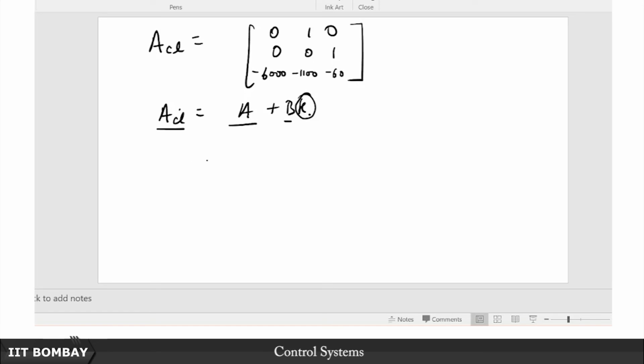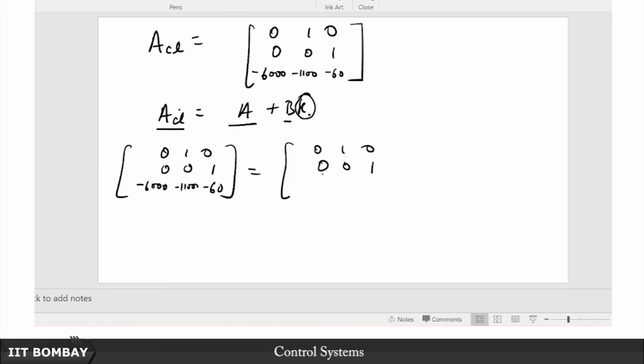So you see, I have 0, 1, 0, 0, 0, 1, minus 6000, minus 1100, minus 60 is equal to 0, 1, 0, 0, 0, 1, and the last row now is the interesting bit.